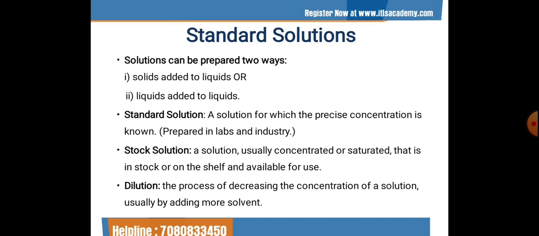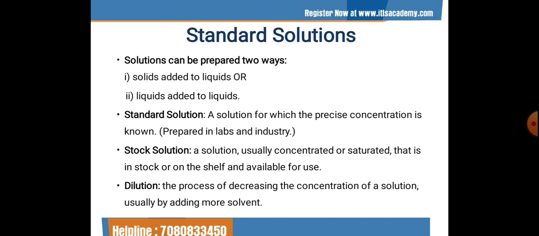A standard solution is a solution for which the precise concentration is known. Sometimes it happens that we randomly mix certain chemicals, making a solution at home or any other place, in which we do not know the quantity we are using.